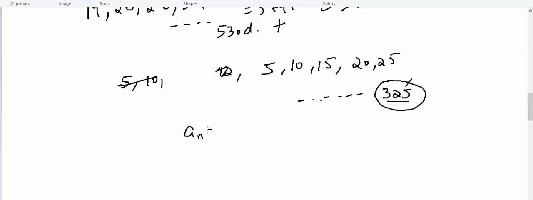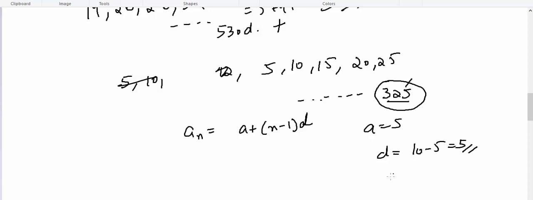So coming to the same formula here, I have a plus n minus 1 times d, and here the value of a is 5, the value of common difference here is 10 minus 5 is equal to 5, and the value of n here is unknown, but I know the value of this term, which, let's suppose, is the nth term. So the value of a_n is actually known to me this time, which is 325.